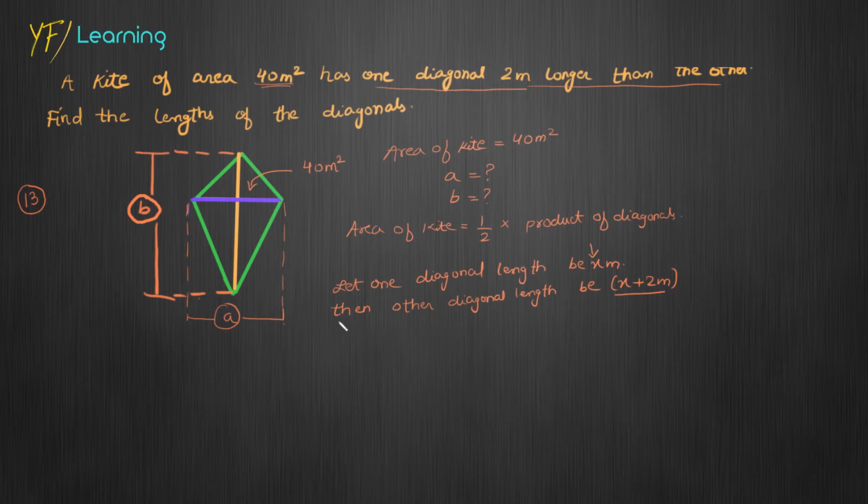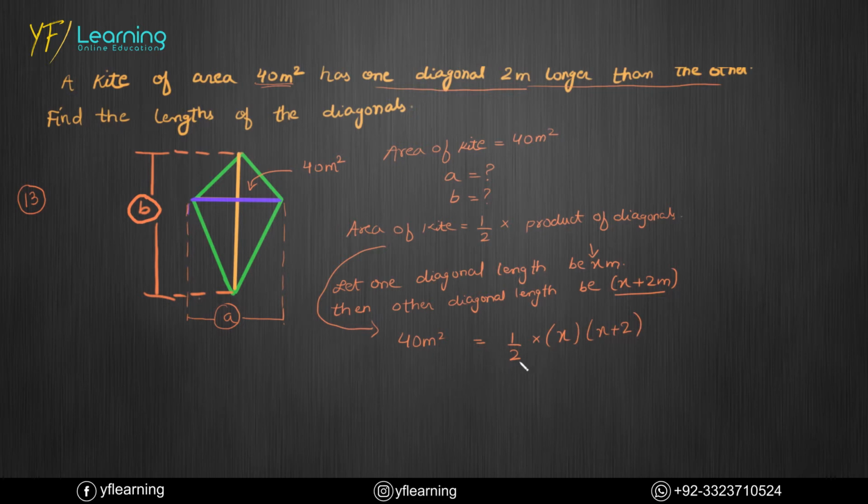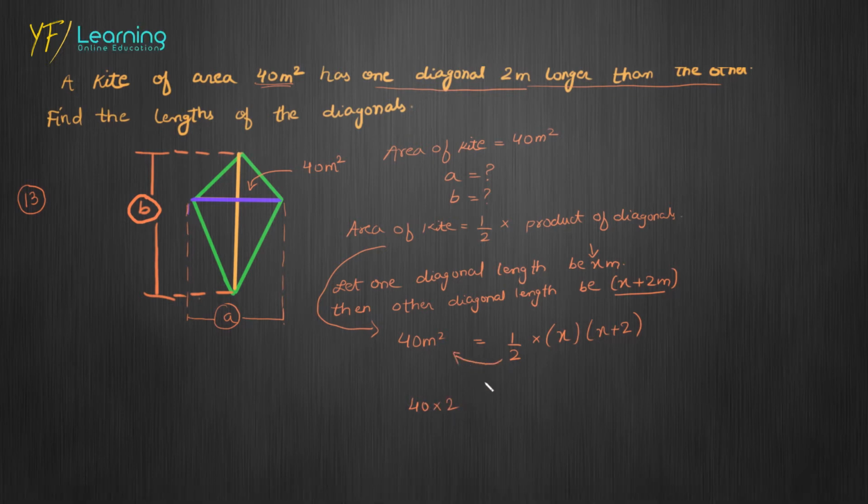Now substitute the values in the formula. So area of kite, 40 meters square, is equal to half times the product of diagonals. The first diagonal is x meter and the second diagonal is x plus 2 meters. Move this 2 to the left side, so it divides here by 1.